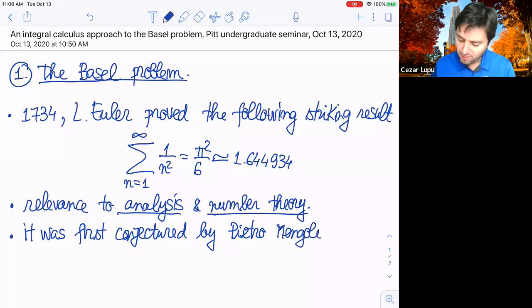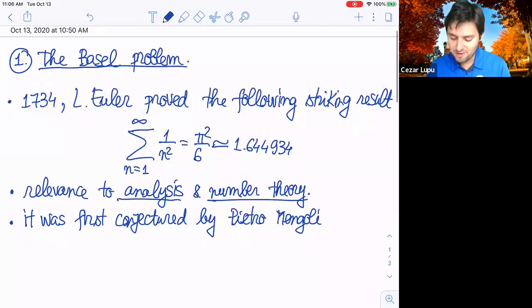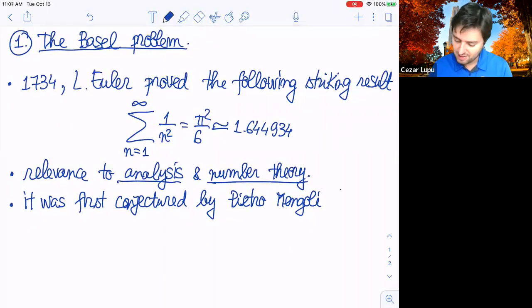I'm not sure, I hope I'm not mistaken. I think it was Euler's advisor, but anyway, maybe not. Anyway, so Pietro Mengoli, this was conjectured around 1650. So he conjectured this for the first time, to find out the sum of this series.